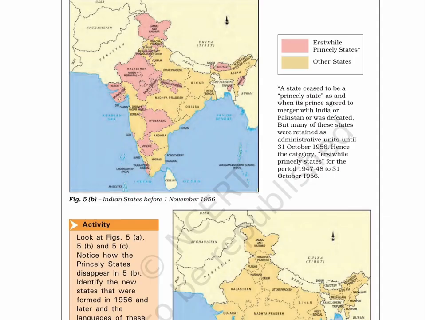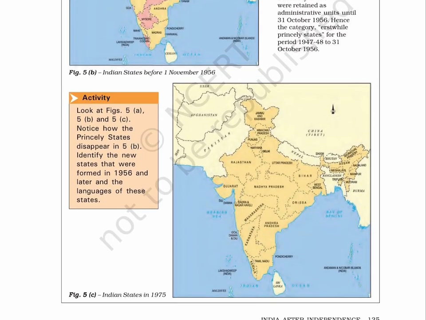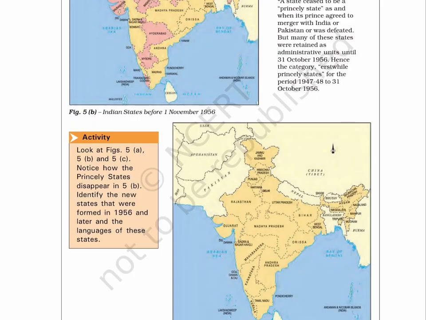Hence, the category erstwhile princely states for the period 1947 to 48 to 31st October 1956. In this map, we can observe that the number of princely states has reduced.